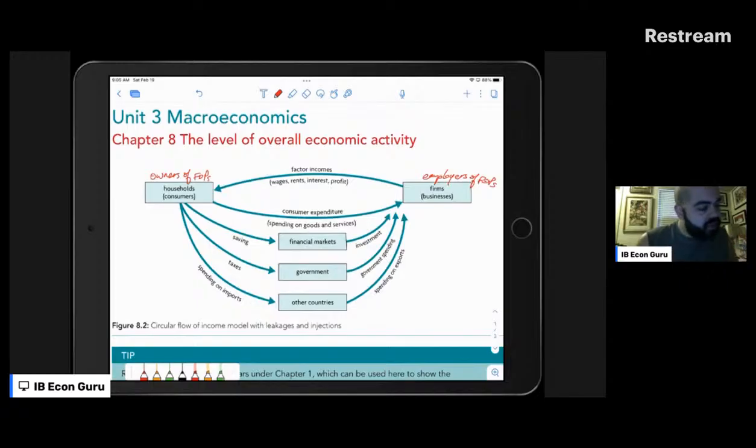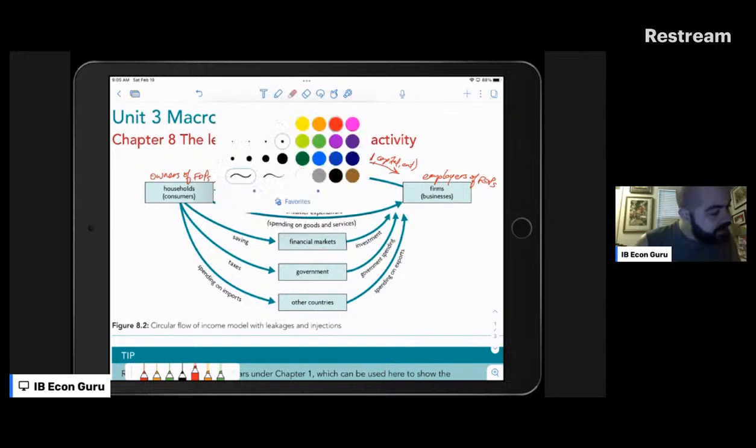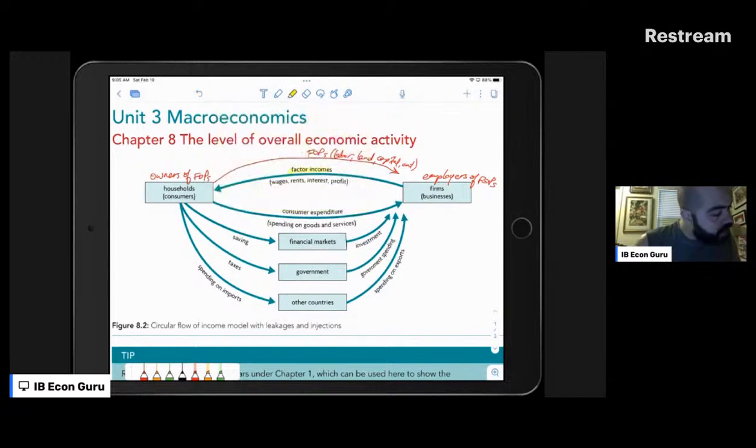So what the household sector does is they give their FOPs, their labor, their land, their capital, and their enterprise, to the firms. In return, they receive factor incomes. The owners of labor receive wages.